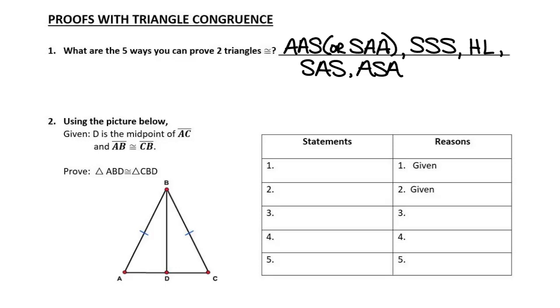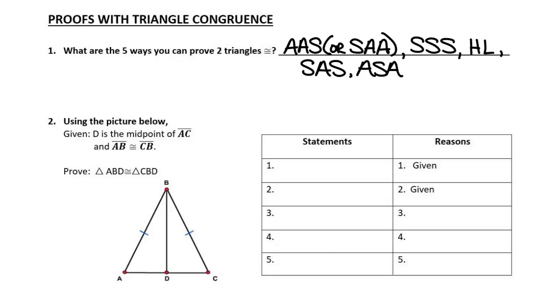When we do a proof for triangle congruence, anytime we add a marking to the picture, congruent angles, congruent sides, we're going to write down on our statement side what we're saying is congruent, and on the reason side, we're going to put down why we're allowed to say those are congruent.